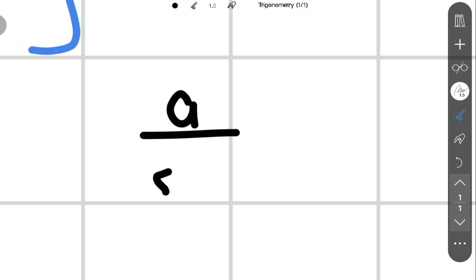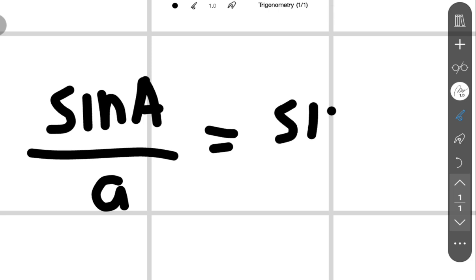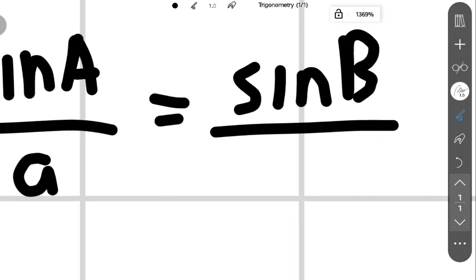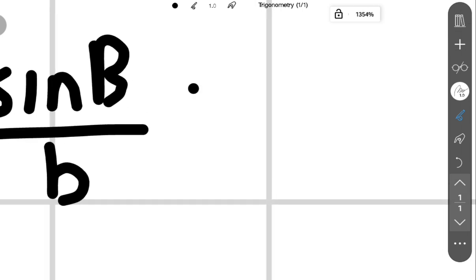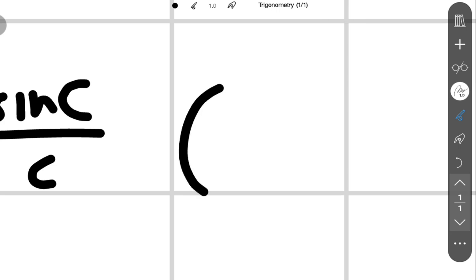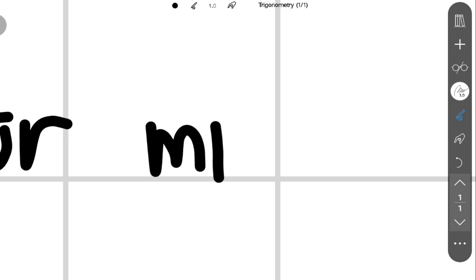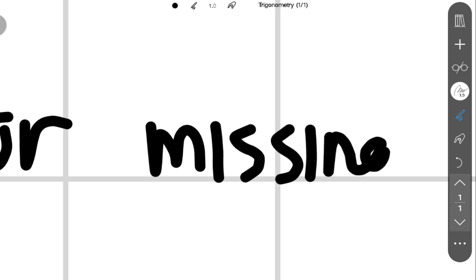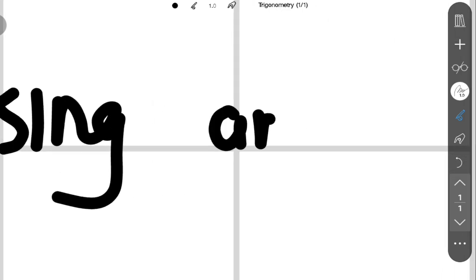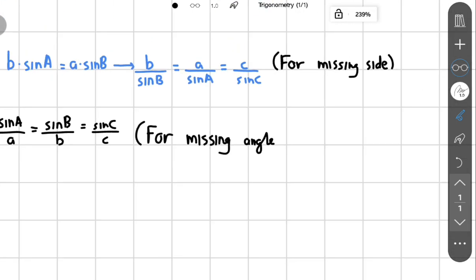Sine A over A is equal to sine B over B is equal to sine C over C. And this is for a missing angle. There you go. This is the sine rule that we have.